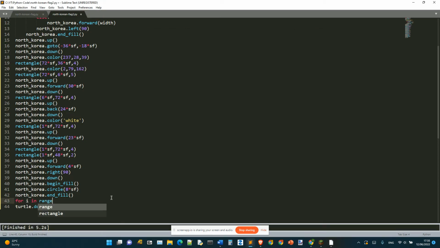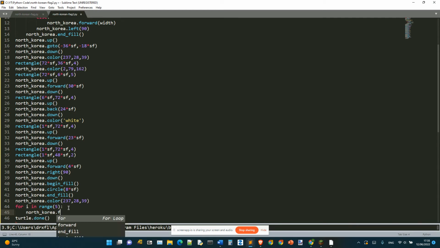For i in range 5. No, North Korea dot color. The color will need to go back to red, so let's copy this from here: 237, 28, 39. So now that's going to be for i in range 5.